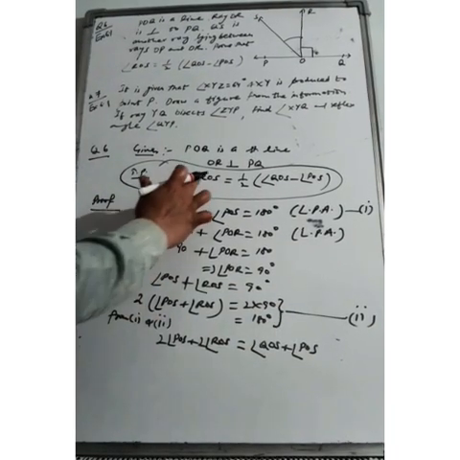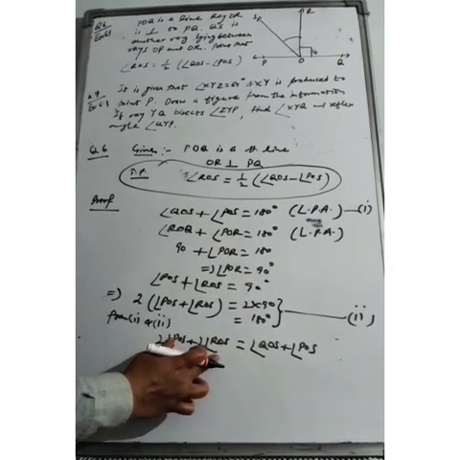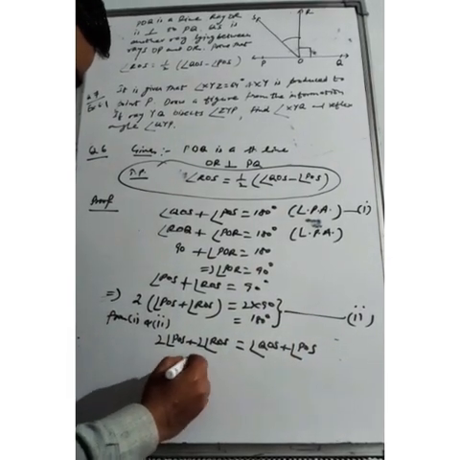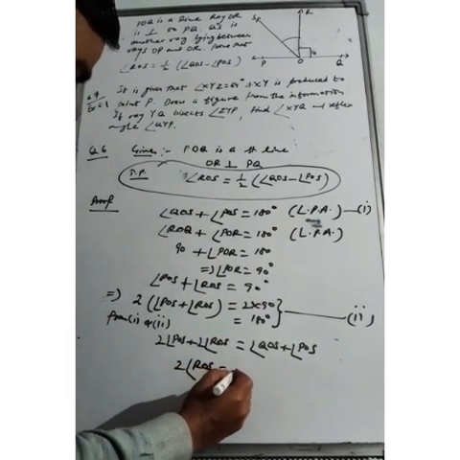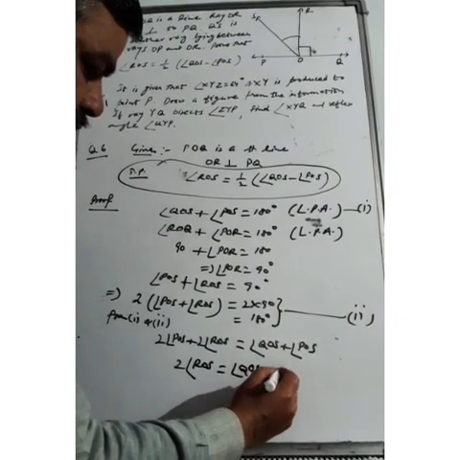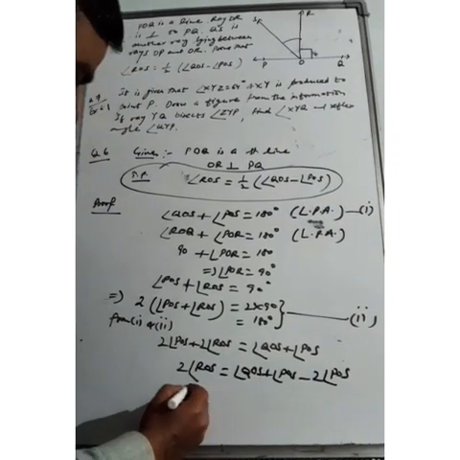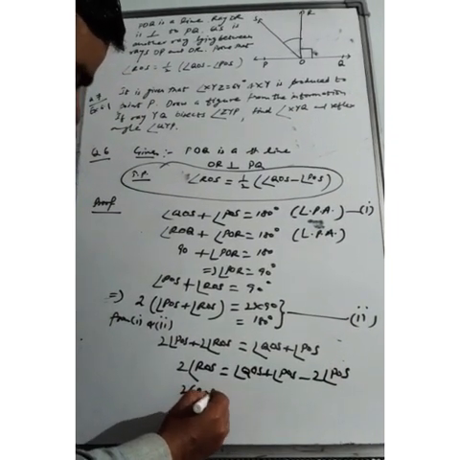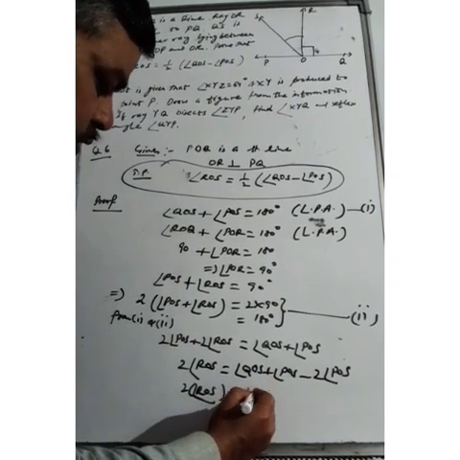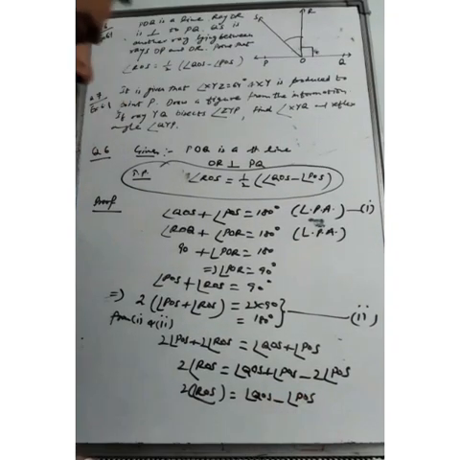Now my subject is angle ROS, so I will keep it here and shift the other terms to that side. I will get twice angle ROS is equal to angle QOS plus angle POS minus twice angle POS, so twice angle ROS is equal to angle QOS minus angle POS.